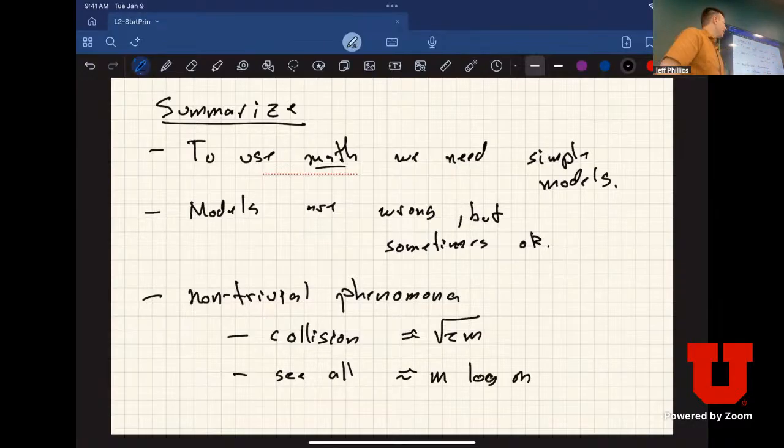So we don't see almost everything before we get a collision. We see collisions fairly early. And it takes an extra factor of log m trials before we see everything. So this may not have been what you expected.